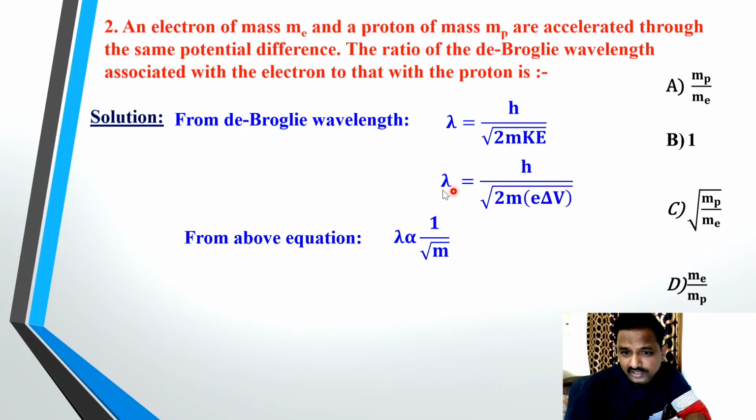So we can write lambda is inversely proportional to root over m. From this we can write wavelength of electron by wavelength of proton is equal to root over mass of proton by mass of electron. So from the given options, option C is the answer.